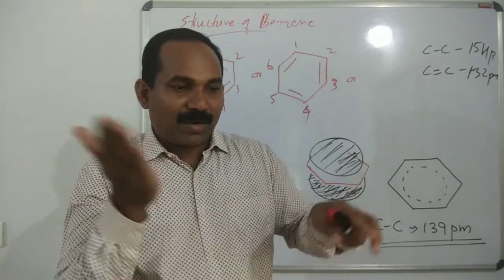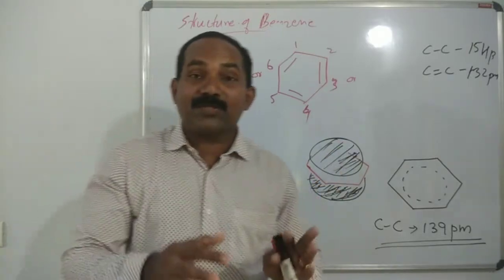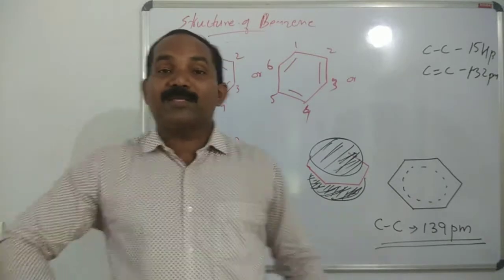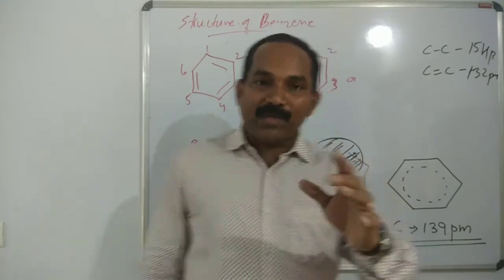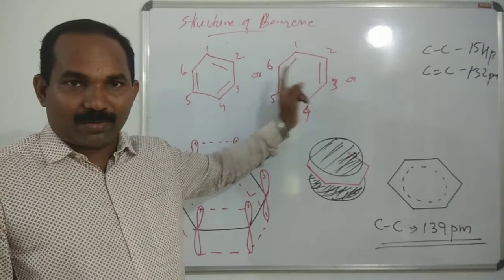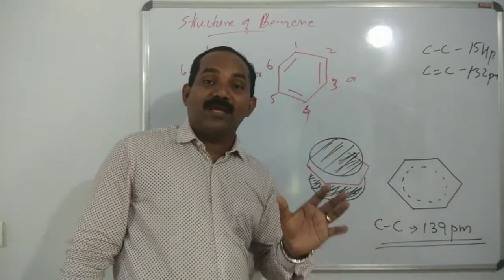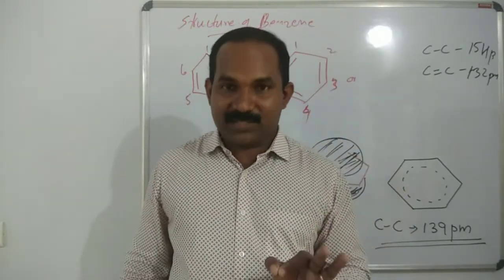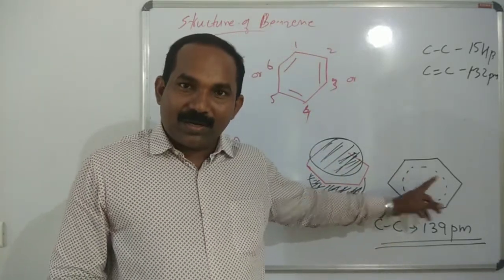We take a bun and chop it, and we make a sandwich. So this structure is similar to a sandwich, and easily explains the bond length 139 picometer. However, to explain the mechanism of reactions of benzene, we use these two Kekulé structures, resonance structures, and this one is the resonance hybrid. Are you clear?